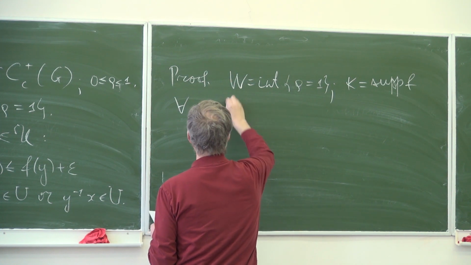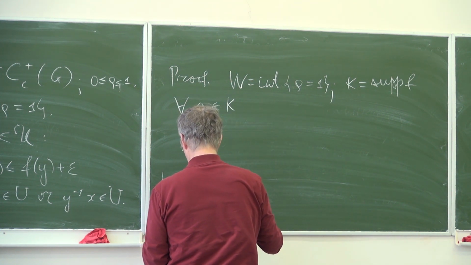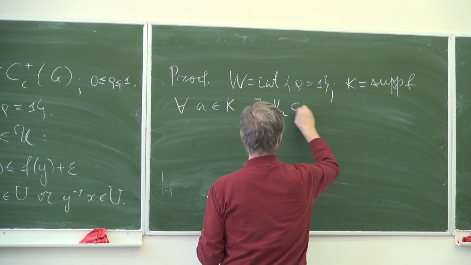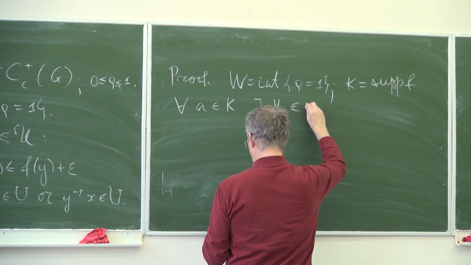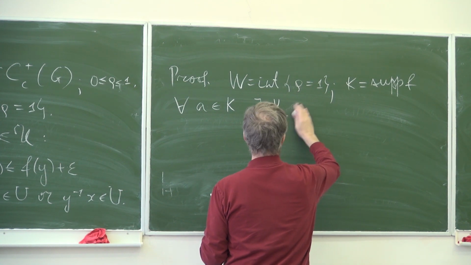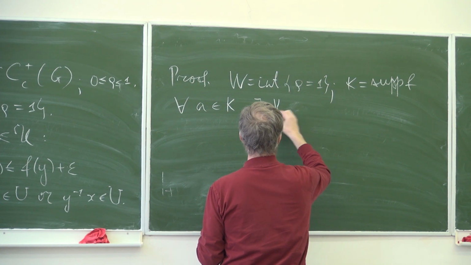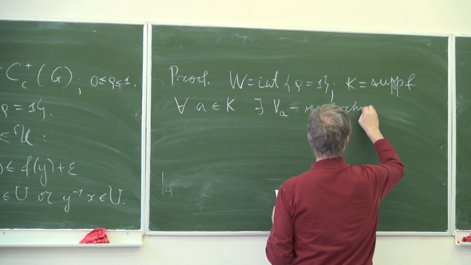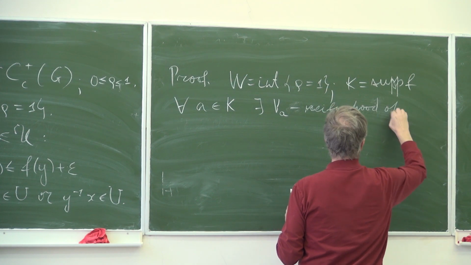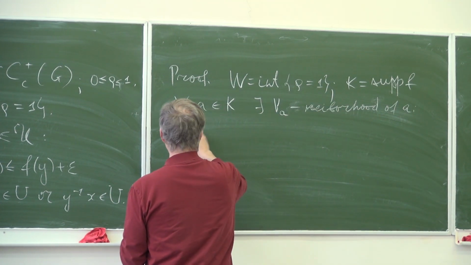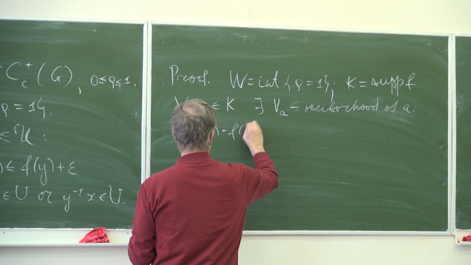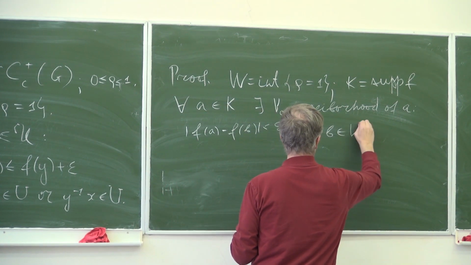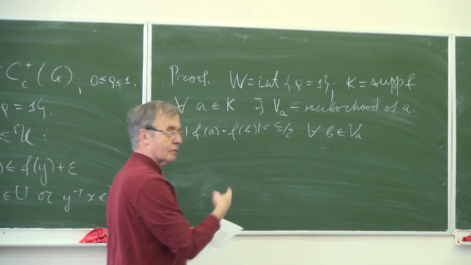So for every a in K, there is a neighborhood of unity, some open set, so this is a neighborhood of a, such that, so this is simply the continuity of F.